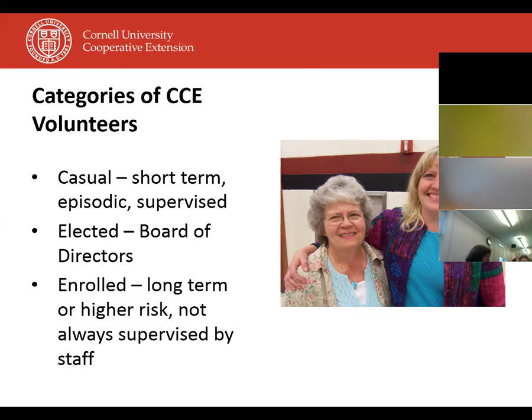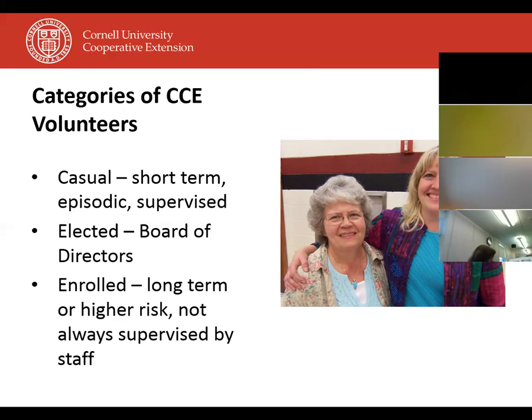Okay, so we're just going to review a little bit more terminology that you will see when you read the VIP program. And we do have in Cooperative Extension 3 general categories, as you can see here. We have the casual volunteer, and definitely that's our short-term volunteer.